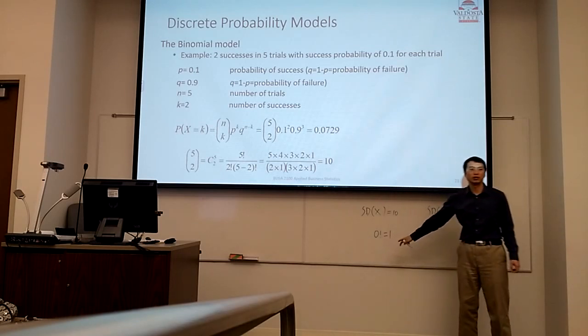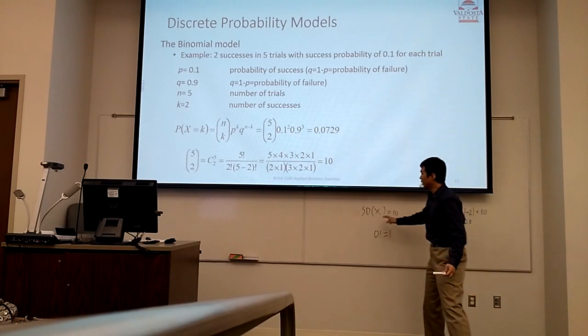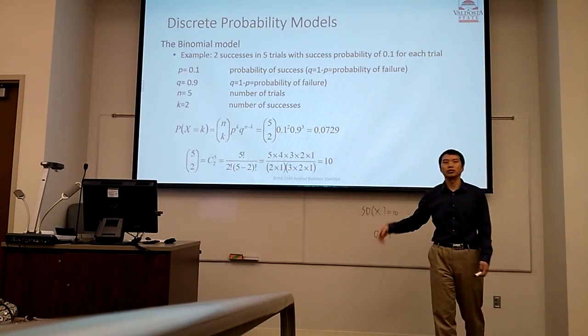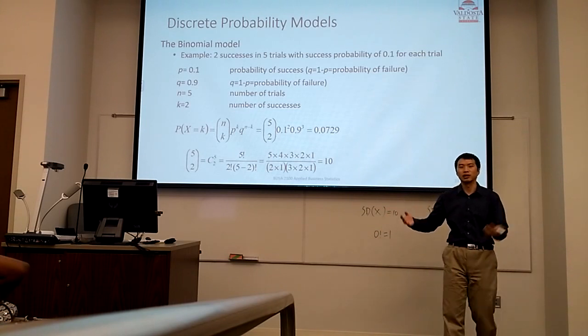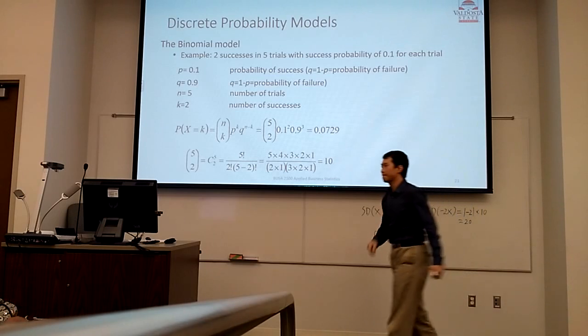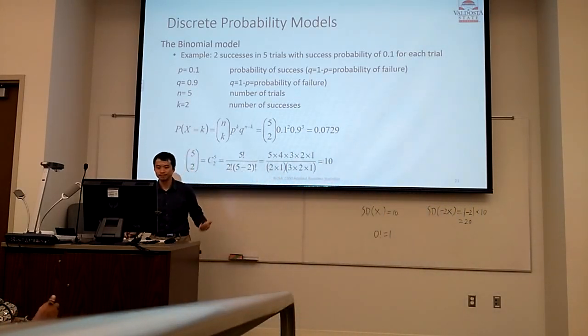Okay, remember this is equal to 1. So in your homework, you don't need to do this calculation. But in case you need to use this calculation in other classes, the 0 factorial is equal to 1. Okay. That is one additional information.